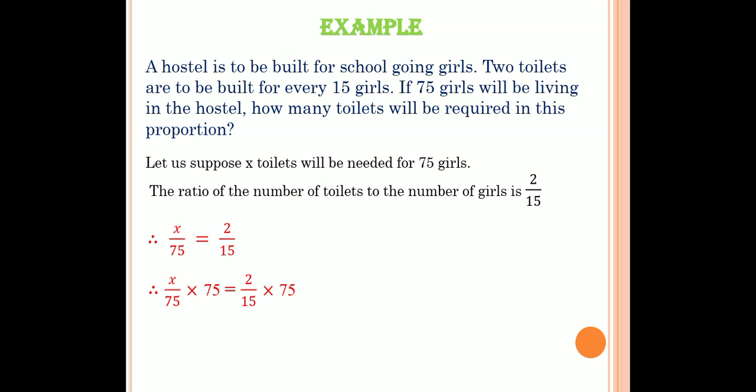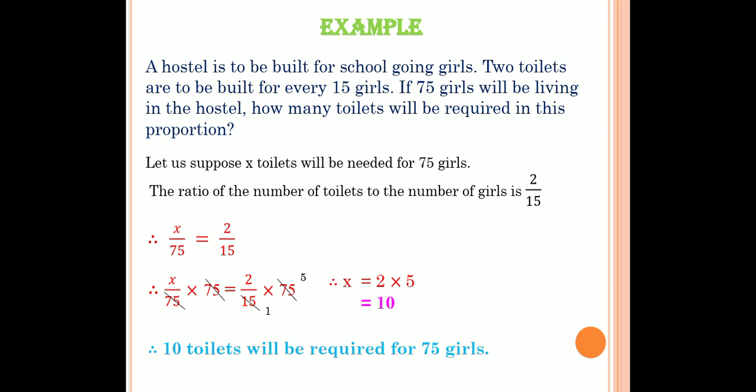Then we'll carry out the calculation: 75 ones are 75 and we will cancel both the 75s, and 15 ones are 15 and 15 fives are 75. So therefore we are left with only x is equal to 2 into 5, that is equal to 10. Therefore 10 toilets will be required for 75 girls.